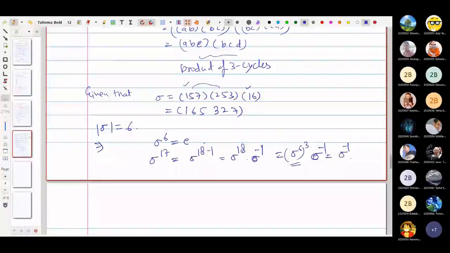So we have sigma inverse, and writing the cycle in reverse order: 7 2 3 5 6 1. So this is equal to sigma to the power 17, and this completes the solution of this question.